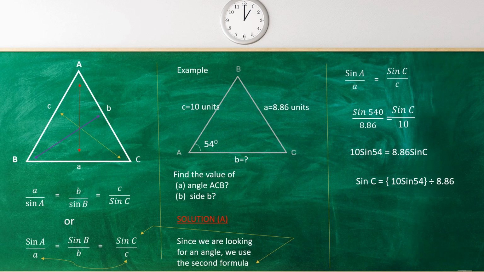Using a calculator or otherwise, could be tables, you do find that then sine C is 0.9131. That is just 4 decimal places.